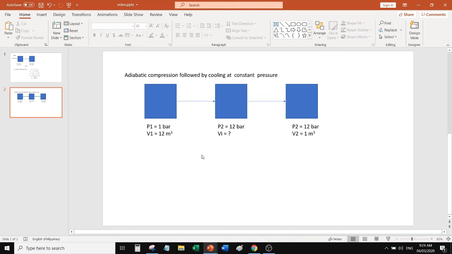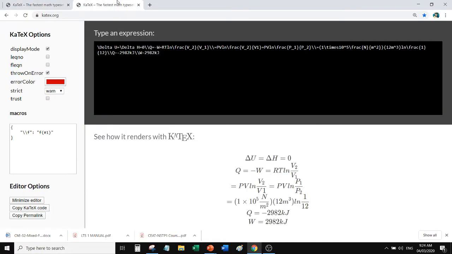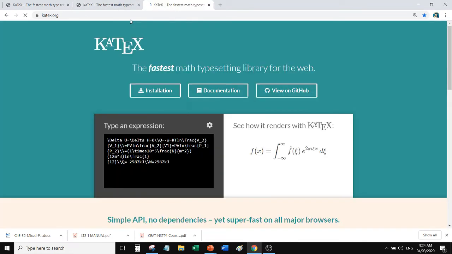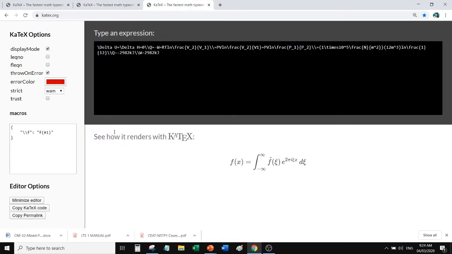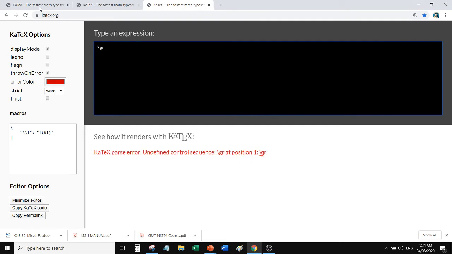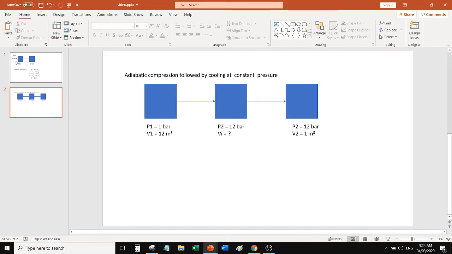Since this is an adiabatic process, the first step, we can solve for gamma. So gamma is equal to Cp over Cv, and this is equal to, what's the given?